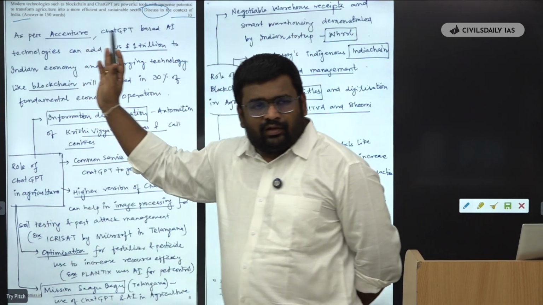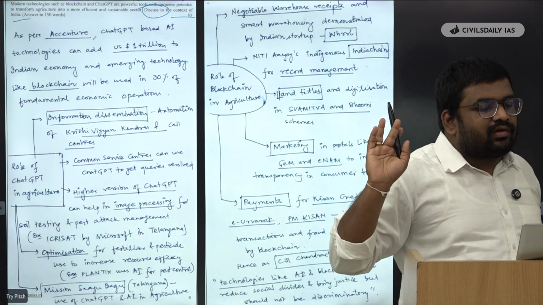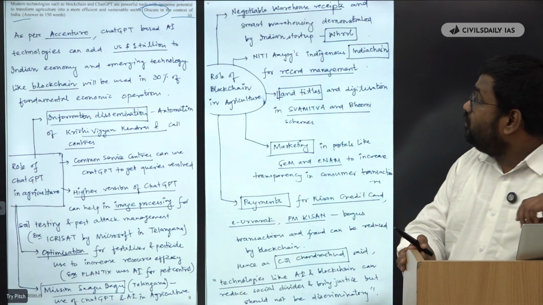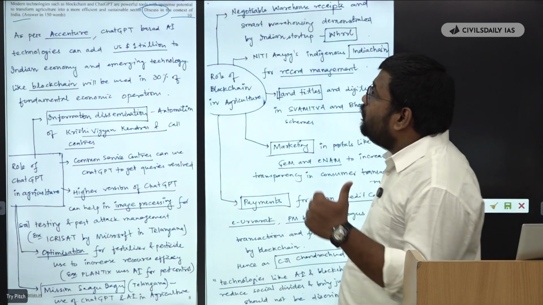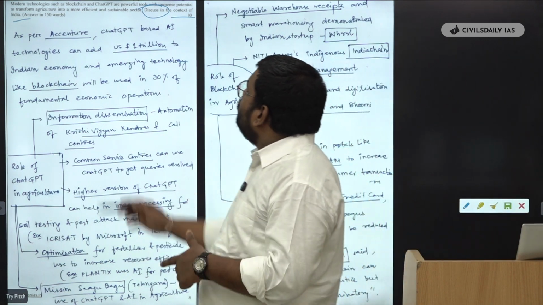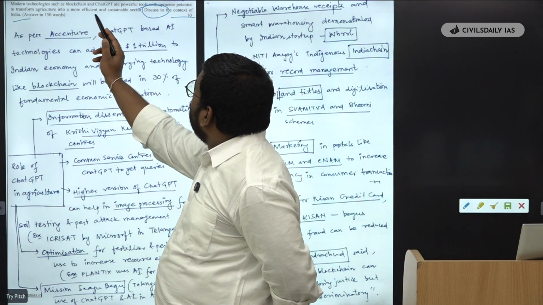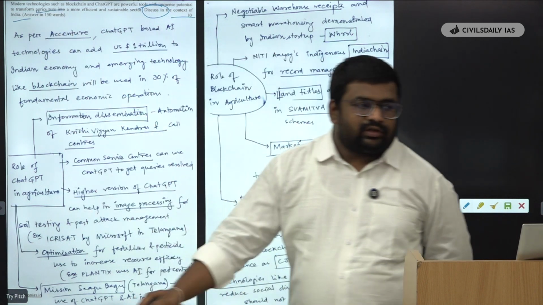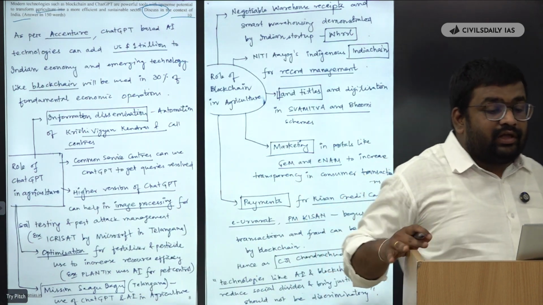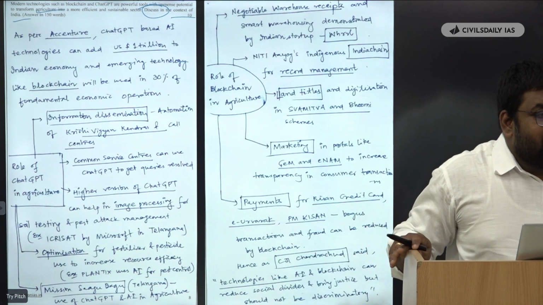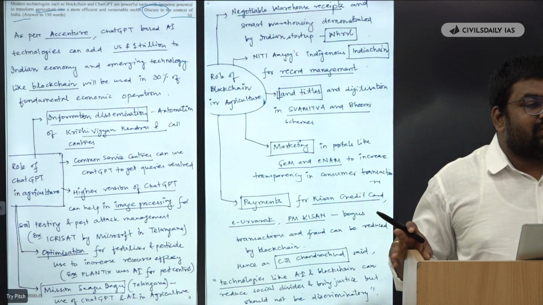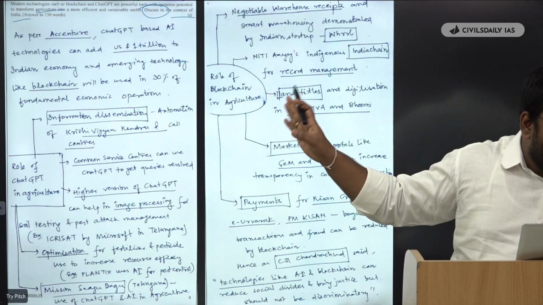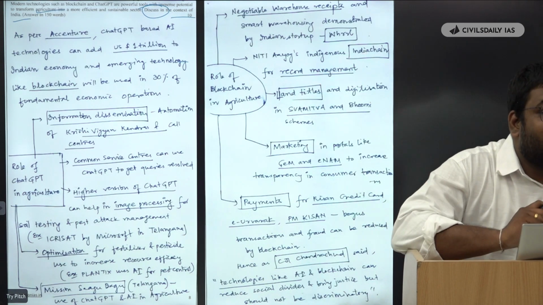Now if you see, this is a unidirectional question where they are simply asking the importance or the significance of blockchain and ChatGPT to transform agriculture. They haven't asked you the issues with it or anything. The statement is unidirectional, which is asking about the significance of ChatGPT and blockchain for agriculture.